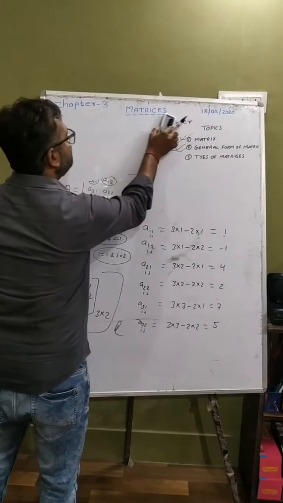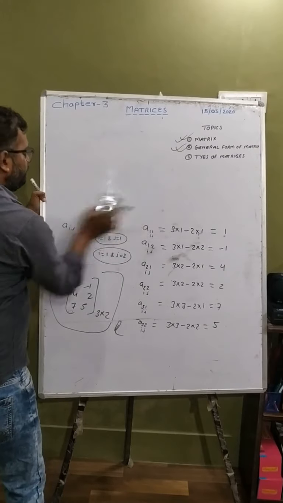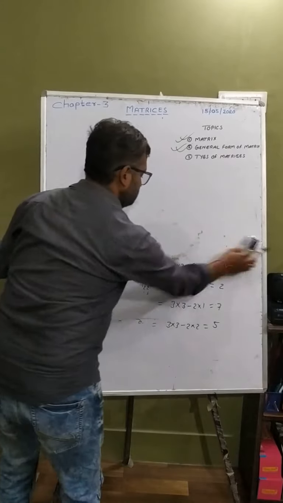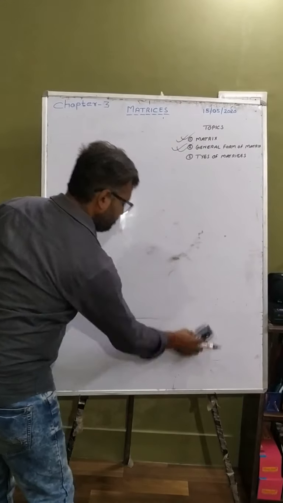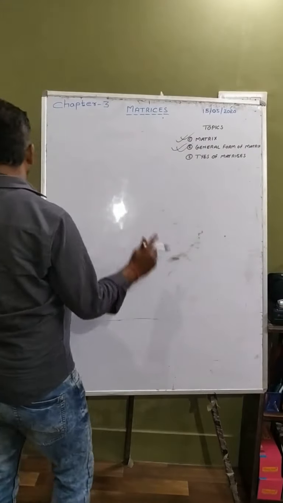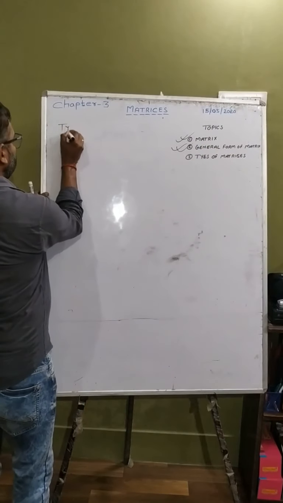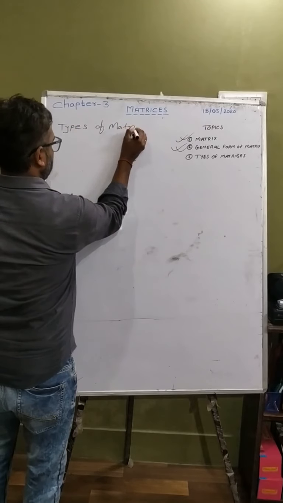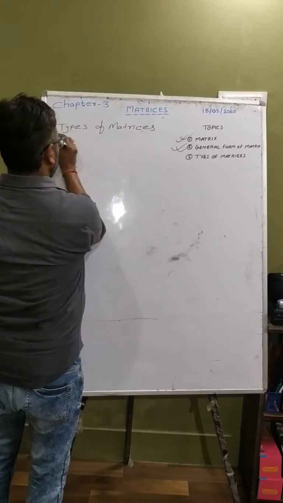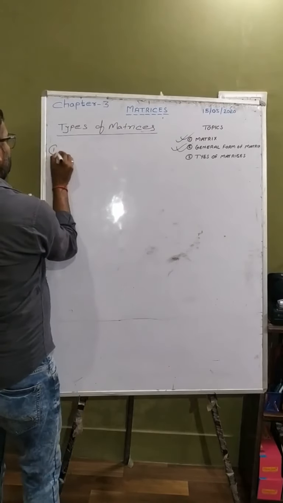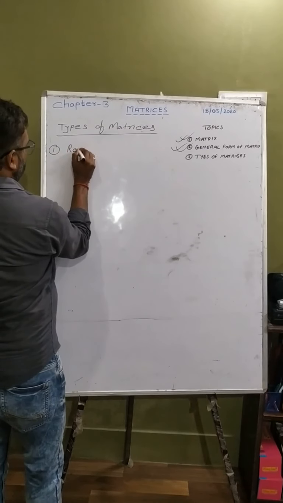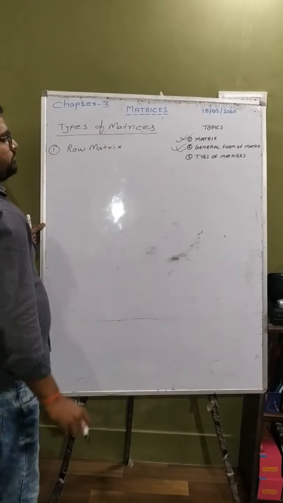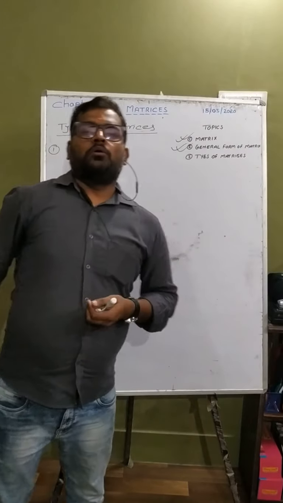Now coming to the third point, types of matrices. Row matrix.